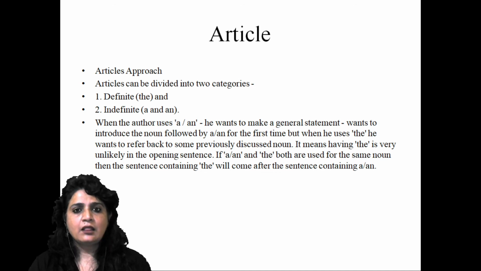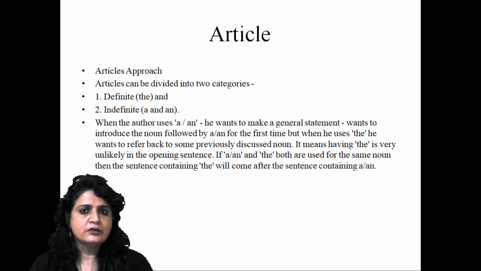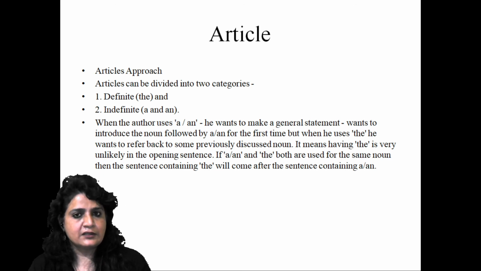I can say the mobile in the next sentence because you and I know which mobile I'm talking about, the one I bought yesterday, right? So this is how understanding is first established about which object we are referring to, and then I can use the before it subsequently.